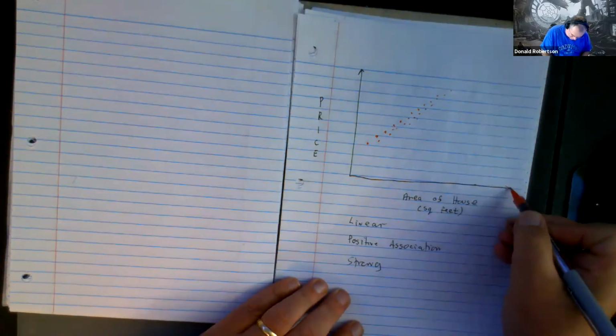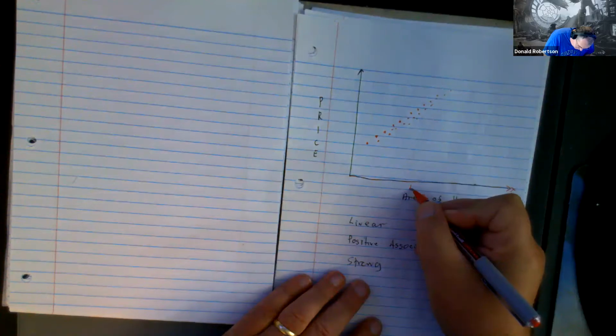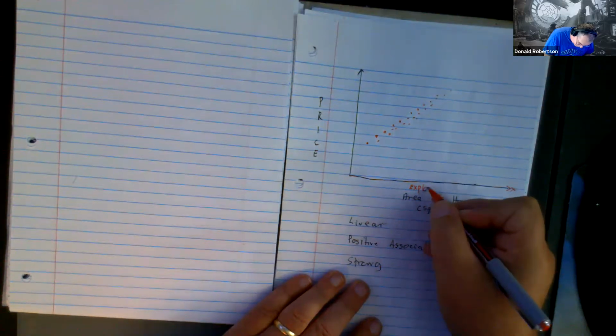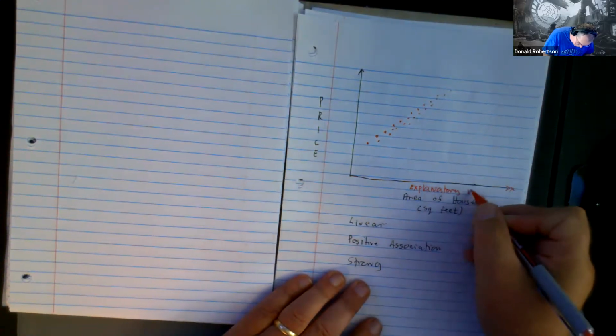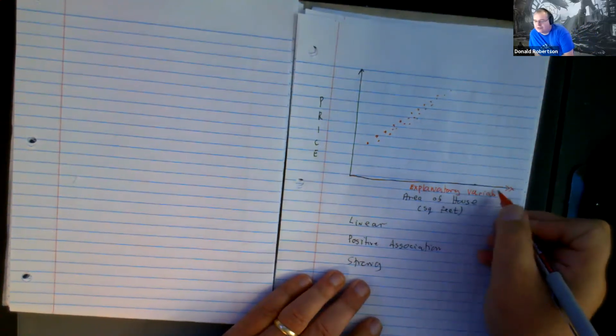The x-axis, the horizontal axis, in this case area of house, is called the explanatory variable. So you're going to see some questions where they're talking about the explanatory variable. When you see the word explanatory variable, think of it as what the x-axis is.